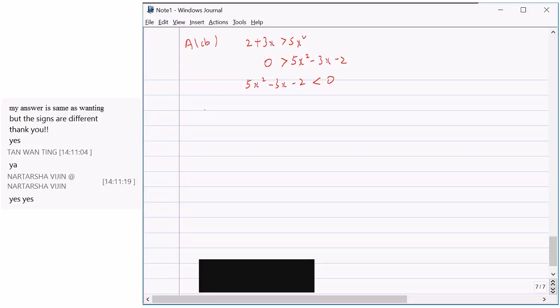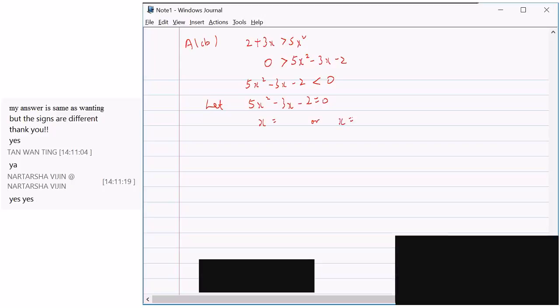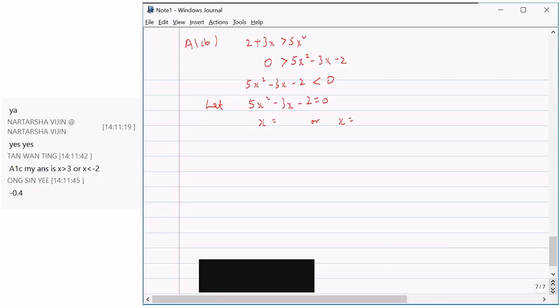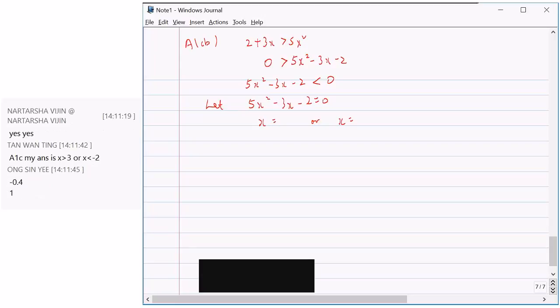Let 5x squared minus 3x minus 2 equals 0. What are the two values for x? Can solve for me? Like that.